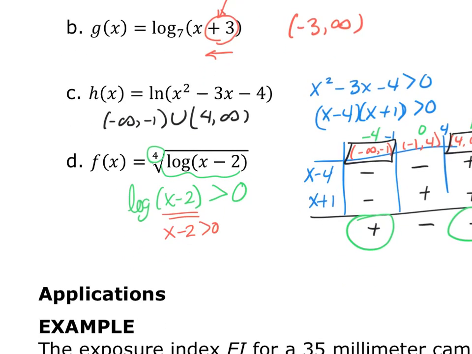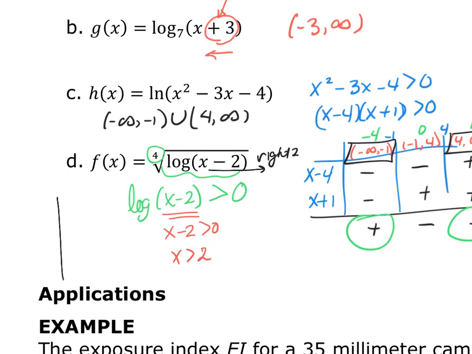Because the x minus 2 has to be larger than 0, then x has to be larger than 2. What that's telling me is that my graph has gone to the right 2. So at the very minimum, I get to have 2.